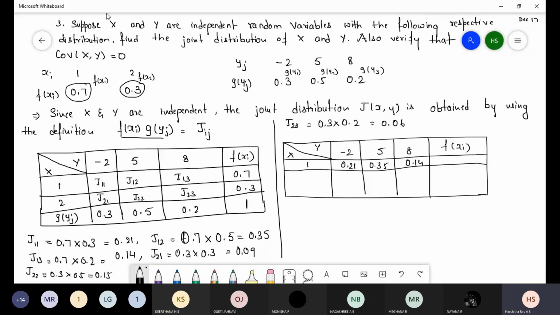So cross verify whether we are getting 0.7 or not. Again x value is 2. J21 is 0.09, J22 0.15, J23 is 0.06. We get here 0.3. Next, g of yj. When you add all this, we should get 0.7 for the first row and 0.3 for the second.